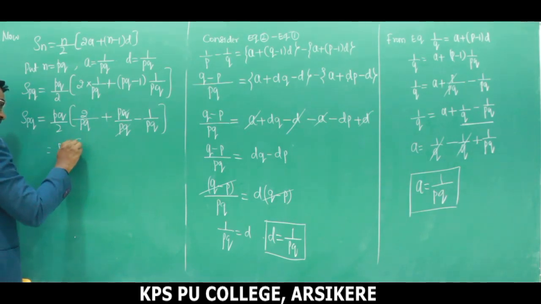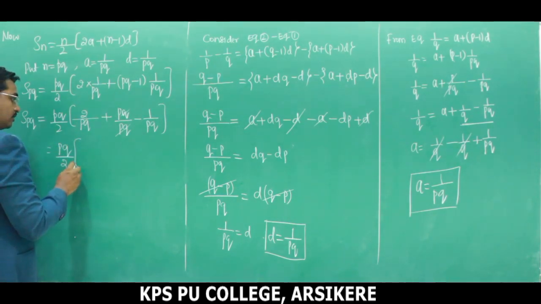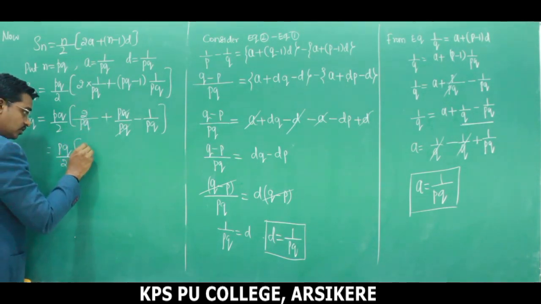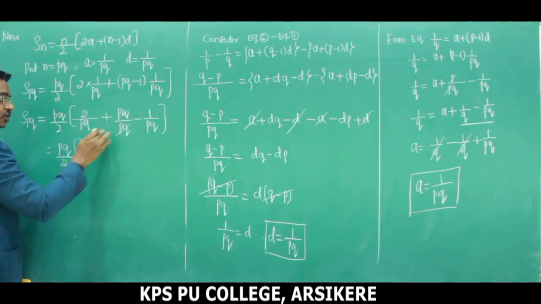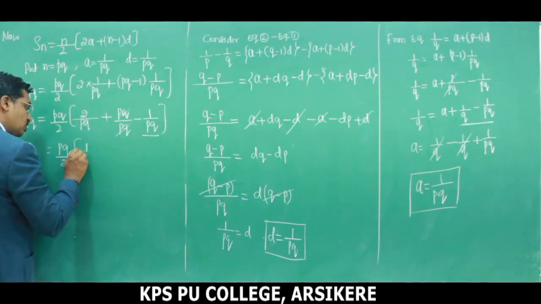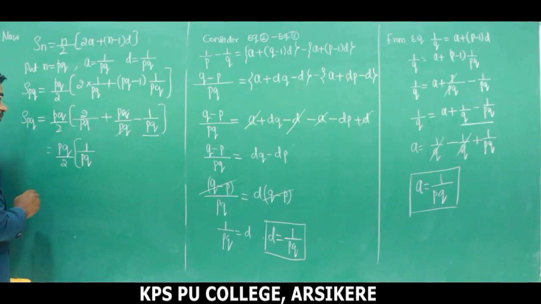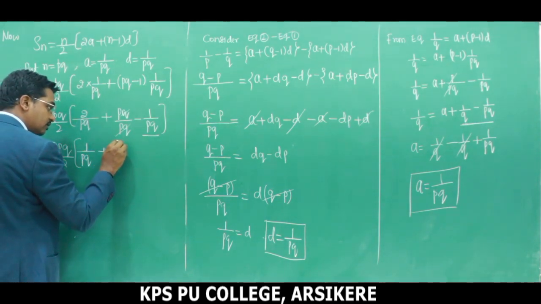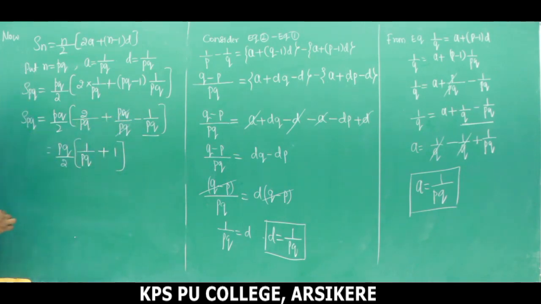PQ divided by 2, and here 2 divided by PQ. So 2 divided by PQ minus 1 divided by PQ, just like 2 minus 1, so this is left with 1 divided by PQ plus 1. Here we are left with PQ divided by PQ, which is 1.